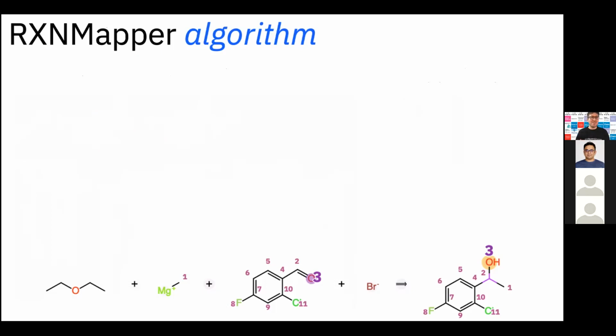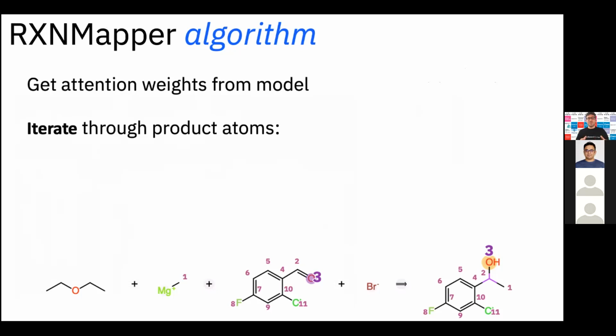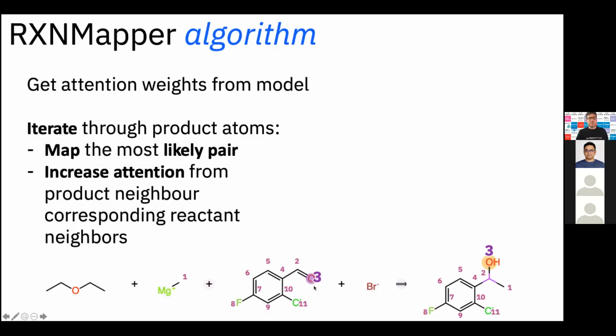Reactionmapper, as the name probably already tells you, is an atom mapping algorithm, and it works as follows. We get the attention weights from the model, then we iterate through the product atoms, and we map the most likely pair, for example, the number 3 here to the number 3 here. Then we increase the attention from the newly mapped pair's neighbors in the product to the neighbors in the reactants, because we know that product atoms that are close together will likely also be close together in the reactants.